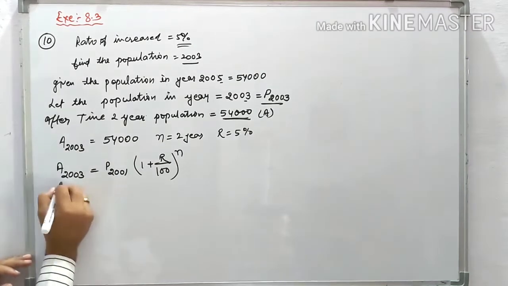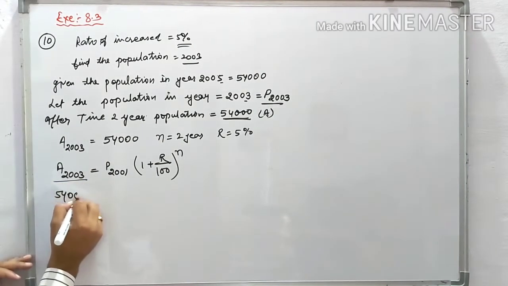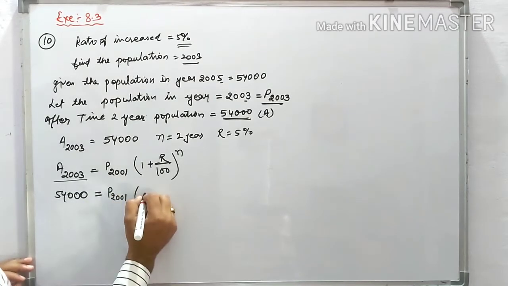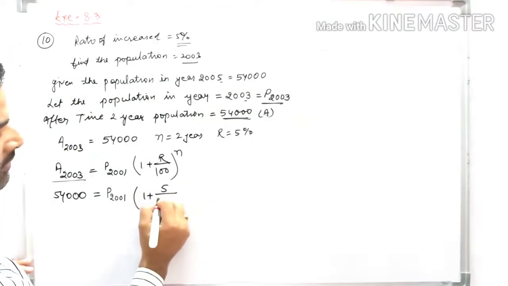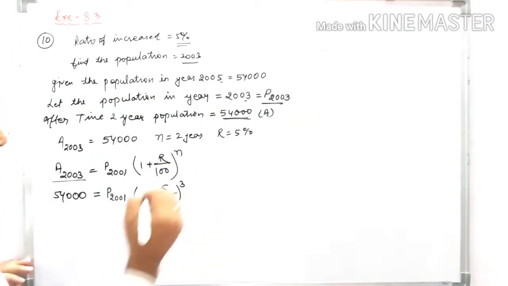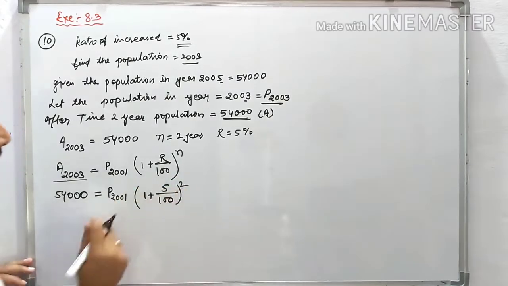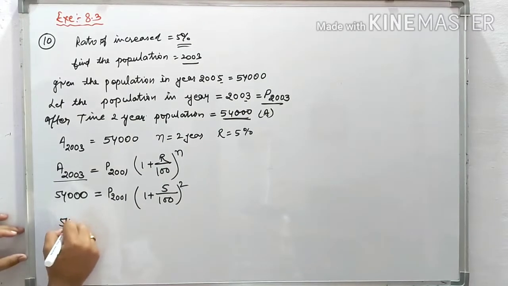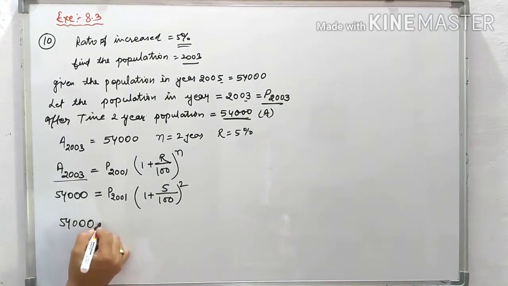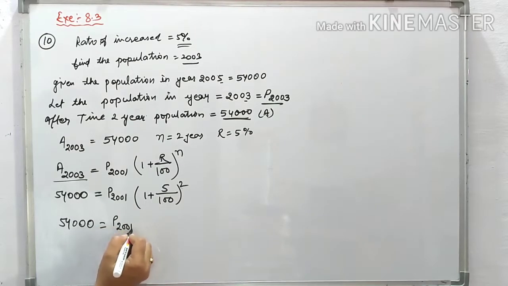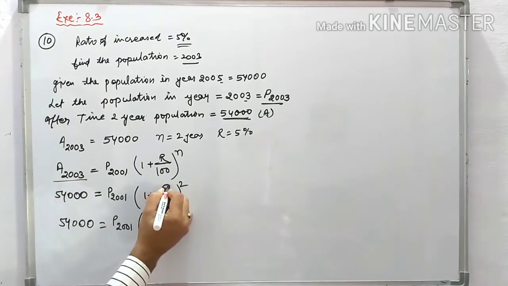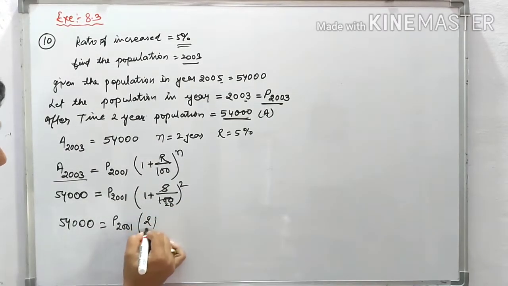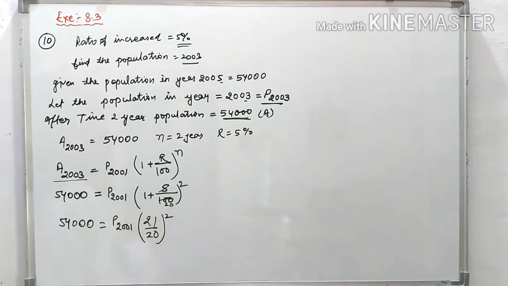Putting the values, 54,000 is equal to P 2001 into (1 plus 5/100) power of 2, because from 2001 to 2003 we count only 2 years. After LCM we get 21 upon 20 power of 2.